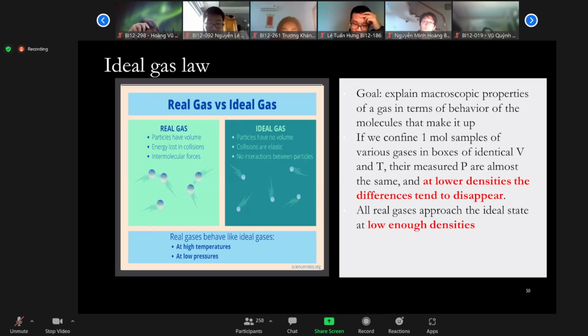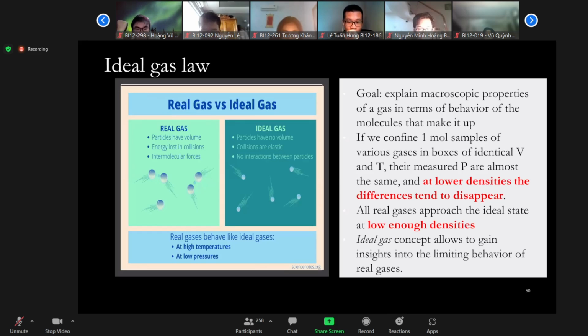For example, the particles have volume, and they have energy lost in collisions. So the collisions are not elastic, but inelastic. And there are also forces between the molecules. However, these behaviors tend to disappear at very high temperatures and very low pressure or very low density.